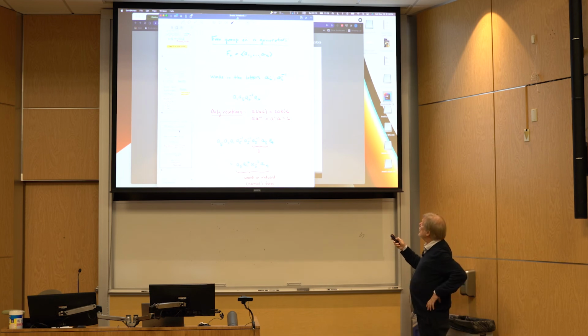We'll call the generators A1 through AN, and its elements are going to be words in the letters AI and AI inverse. So here's a typical word, A1, A5, A2 inverse, A6. And the only relations are like what we had on the previous page, associativity and the fact that inverses do what inverses are supposed to do.